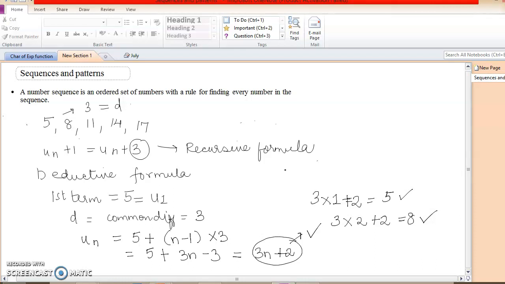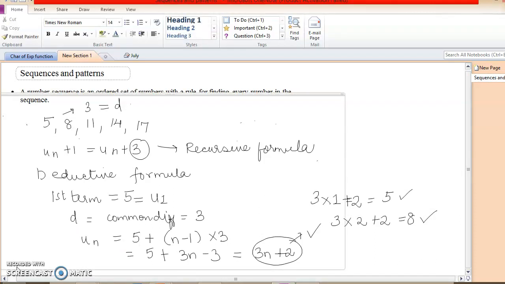Then the recursive formula is very helpful. The deductive formula comes into play when we are looking at finding terms that are way too huge. If I am talking about finding the 100th term, let's say, for this particular sequence, then it is going to be very difficult to use the recursive formula each and every time to find the 100th term. Therefore, that's when the deductive formula comes into play.